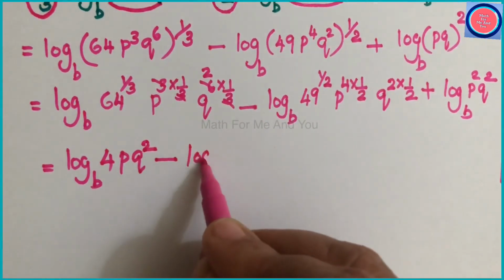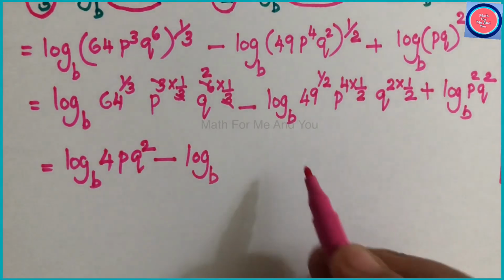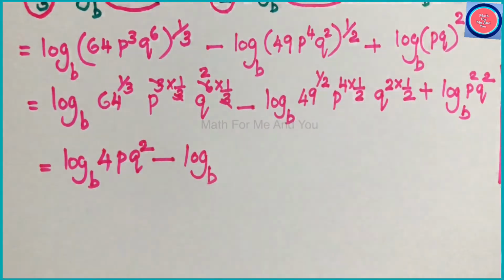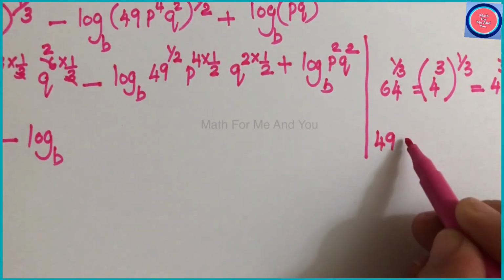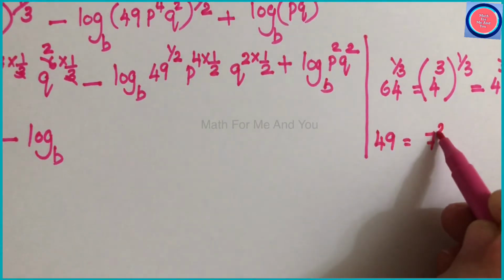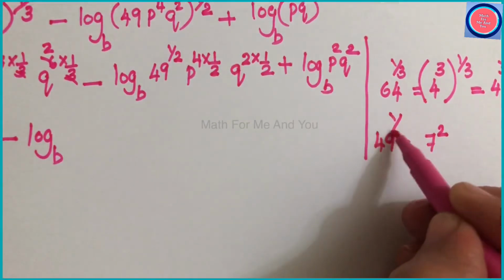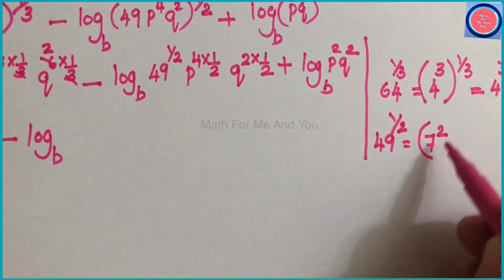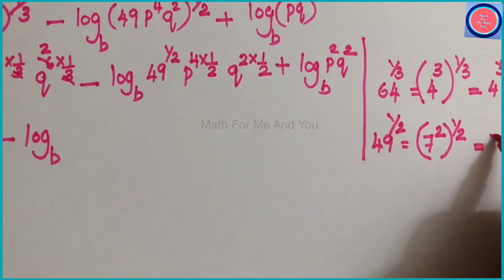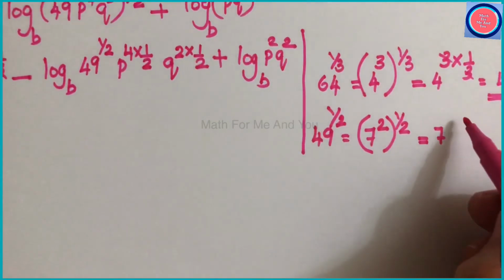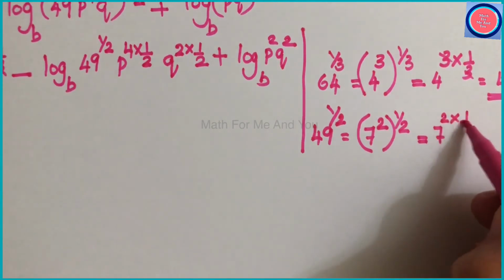Next is log with the base b. Here it is 49 power 1 over 2. What is 49? 49 means 7 times 7, or we can write 7 power 2. If we take the power 1 over 2 for 49, it is given to 7 power 2. Then 7 power 2 times 1 over 2: 2 and 1 over 2 cancel.